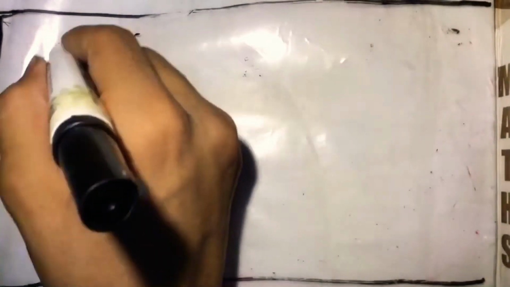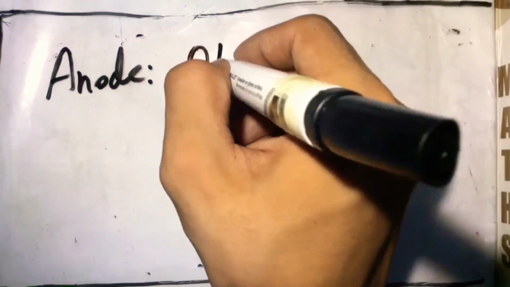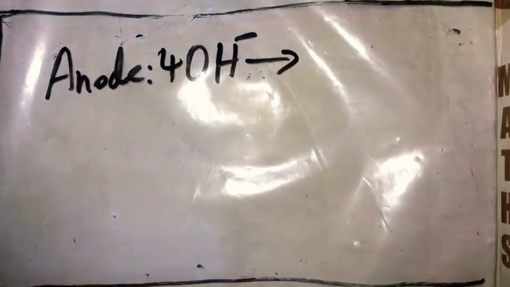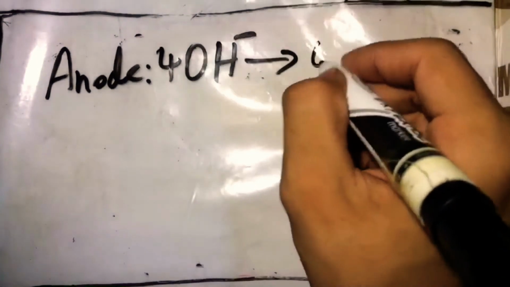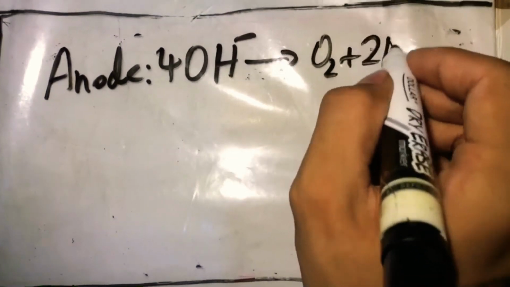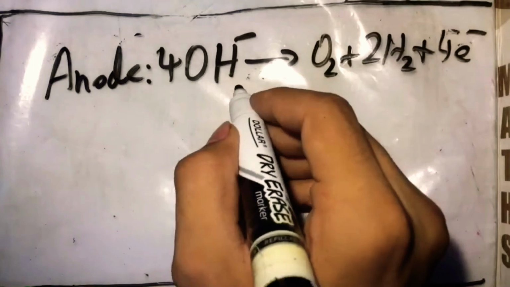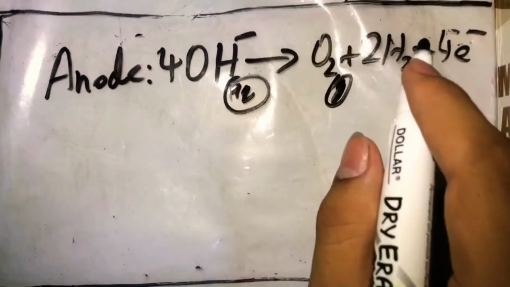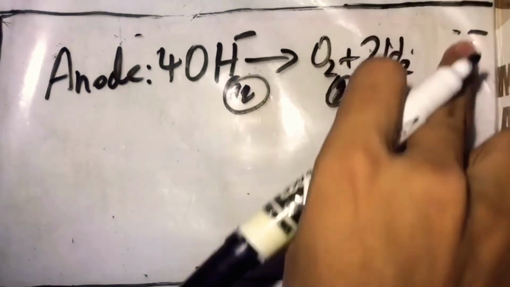Now at the anode we'll have hydroxide. 4 hydroxide ions will form oxygen, water and 4 electrons.